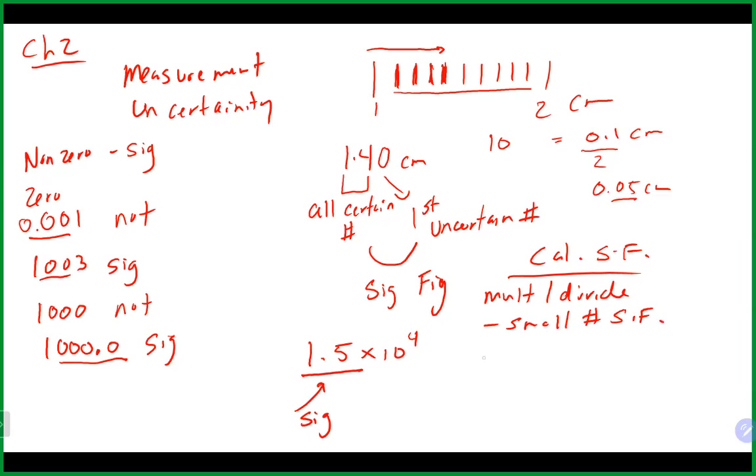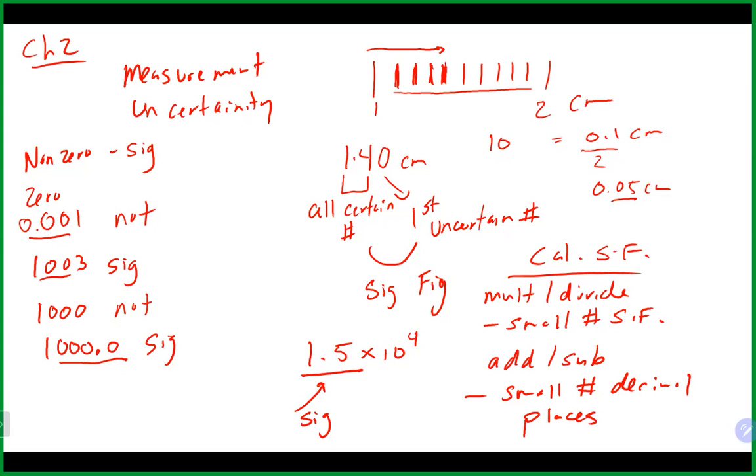And when we add and subtract, we are looking at the smallest number of decimal places. So again, remember that if you're doing some type of combination of all those things, as we've talked about many times, you pretty much don't want to round until the end, but you want to keep track of everything along the way and clean it up at the end with the final calculation that you do.